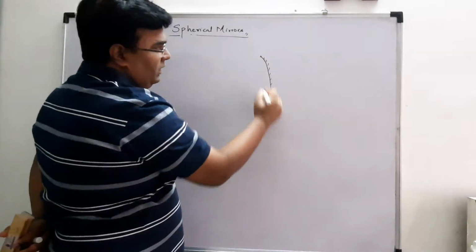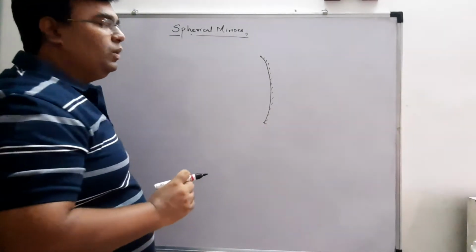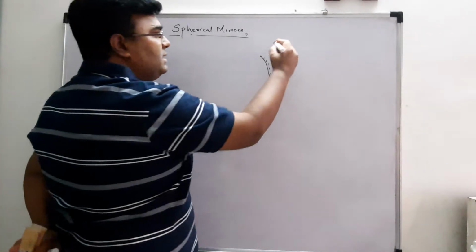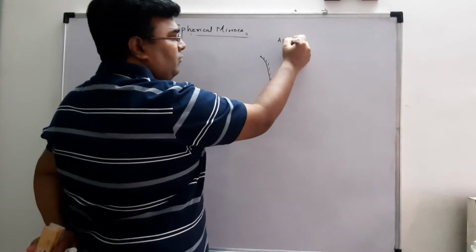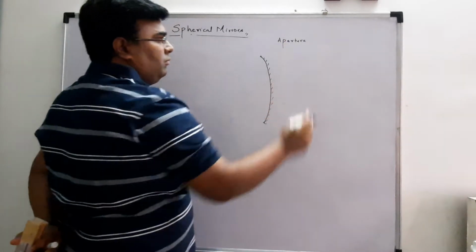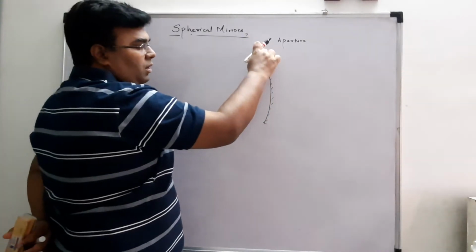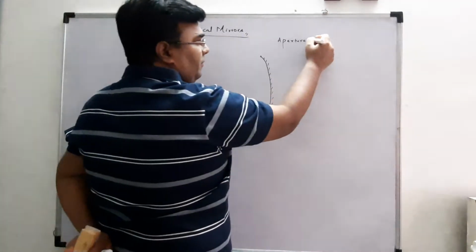If I take from this end to this end, this is known as the size of the mirror, or we call it aperture. Aperture is basically the size of the mirror from one end to another end.